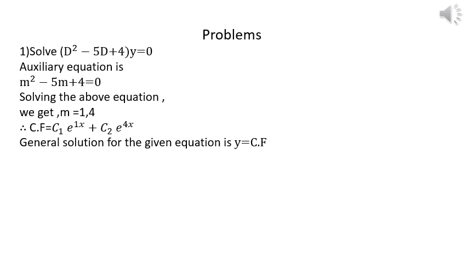What are they? D minus 4 and d minus 1. Now equating each factor to 0, that is d minus 4 is equal to 0 or d minus 1 is equal to 0. Now these two equations give two values for d, they are 4 and 1, real and distinct.